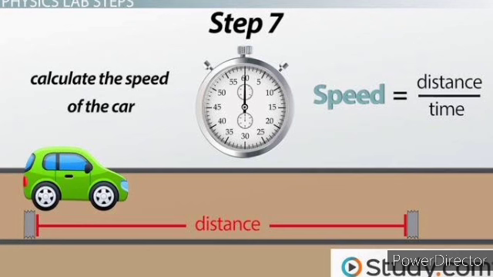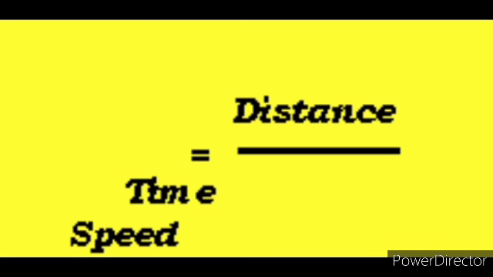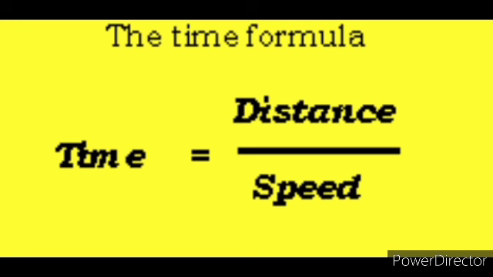So the distance travelled by the object in unit time is called speed. So what do you mean by speed? The distance travelled by the object in unit time is called speed.